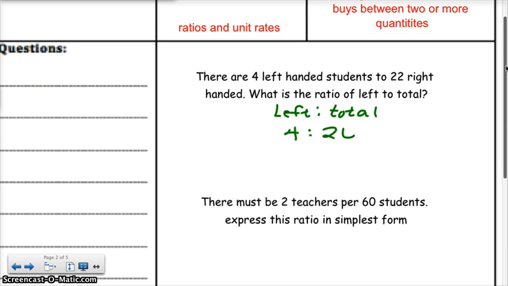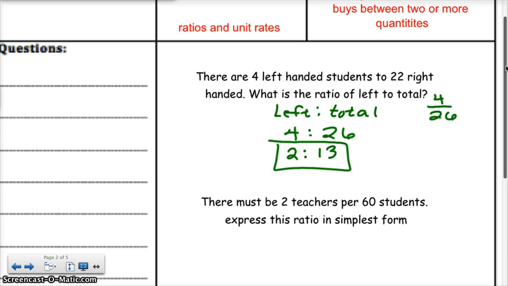It is not simplified. I need to simplify it. It's just like a fraction, 4 over 26. 2 goes into both of them. 2 is to 13. 2 to 13 is the final simplified answer. So you want to always simplify if you can, just like fractions.